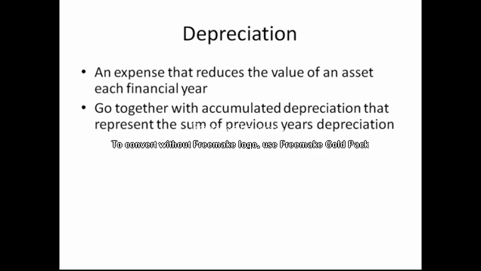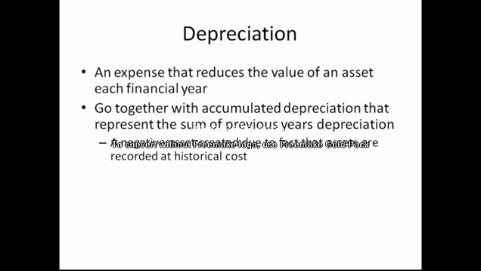So we have to create another account which we call accumulated depreciation, which is a negative asset account. So it goes hand in hand with the actual asset account, and it shows by how much the value of the actual asset reduces over time.